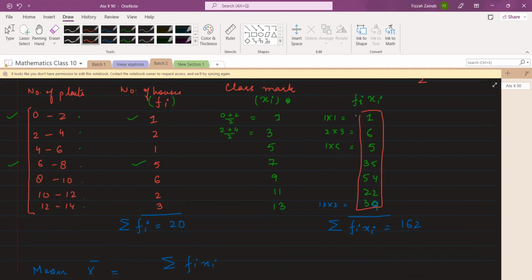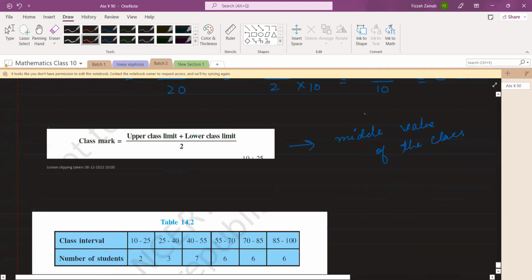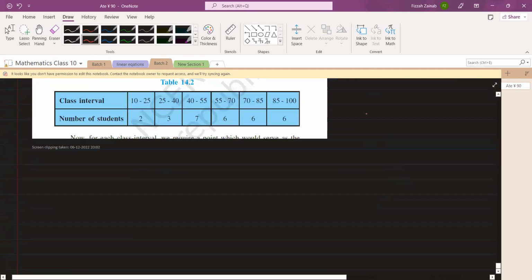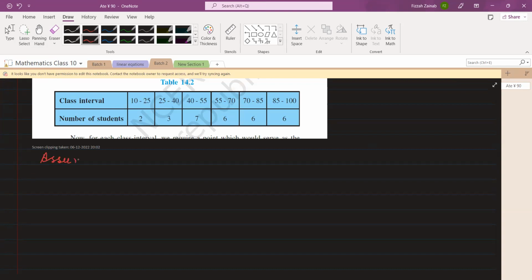So we can use another method called the assumed mean method, which makes the numbers a little bit smaller to deal with. Let us use it and try to understand it.